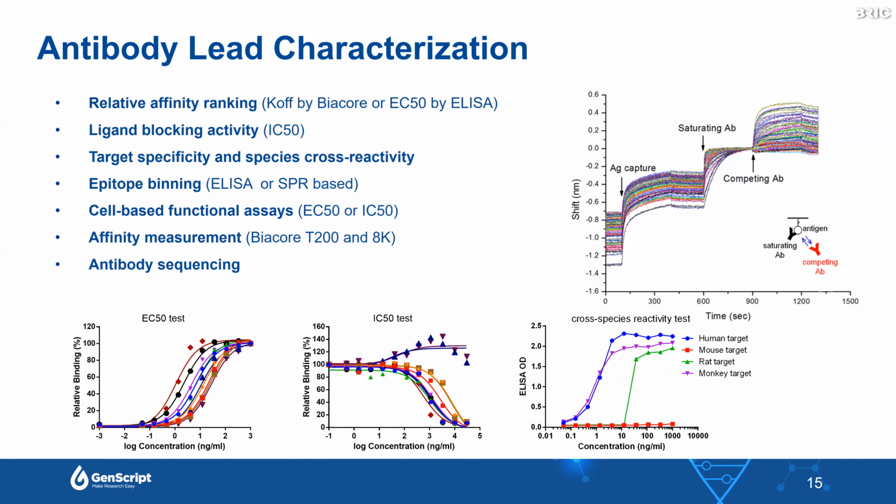After the antibody generation, we go through the screening and characterization step to identify the binding, affinity, specificity, and pairing of antibody clones by using the following assays to check the relative affinity ranking through Biacore or ELISA, ligand blocking and activity through IC50, target specificity and species cross-reactivity, epitope binning, cell-based functional assays, affinity measurements, and antibody sequencing.